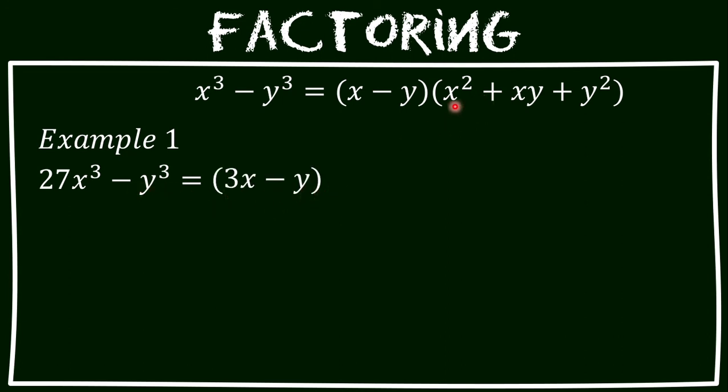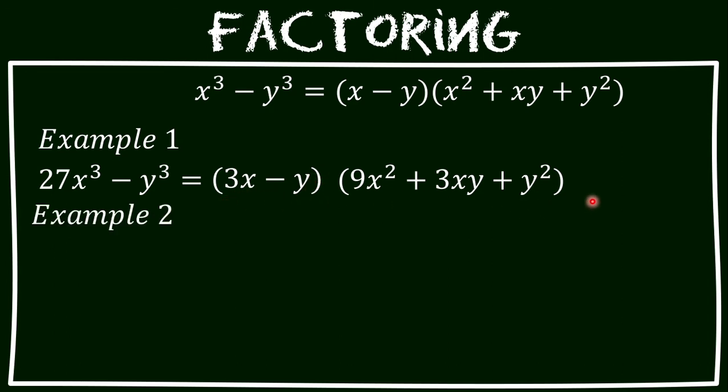And then we follow this, the cube root of 27 is 3, and we have to square this, that will be 9. And then the cube root of y is y, square that will be y squared. And then 1 times 3, that will be 3, that's 3xy. Copying the signs, and then the negative sign. This is our final answer.